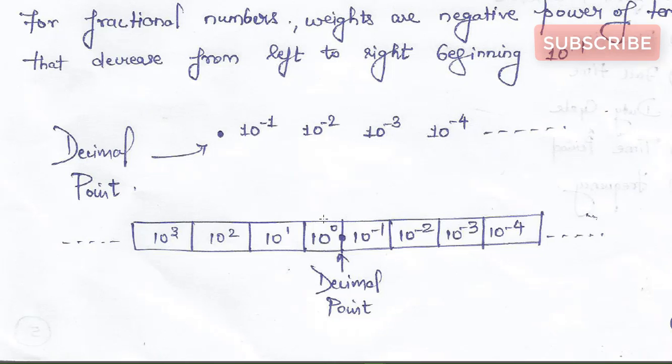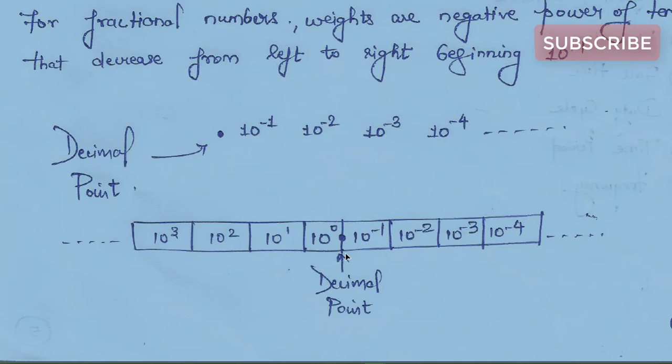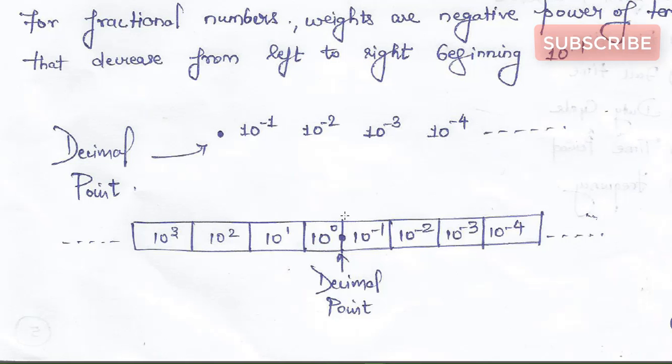Here is a decimal point. Before the decimal point, powers of 10 increase from right to left, and after the decimal point the powers decrease from left to right.